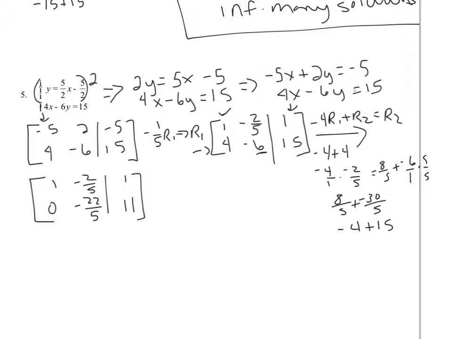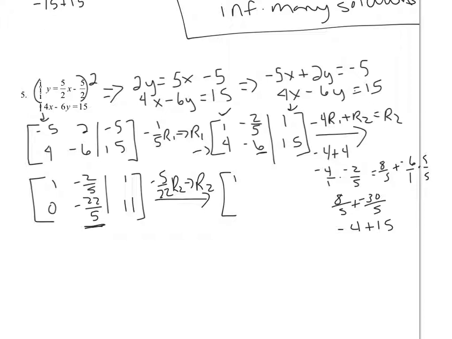Okay, so far so good. We need to turn this negative 22 over 5 into a positive 1. And remember, the way you do that is you multiply times the reciprocal. So I need to multiply everything that's in row 2 by a negative 5 over 22. That will give me my new elements for row 2.